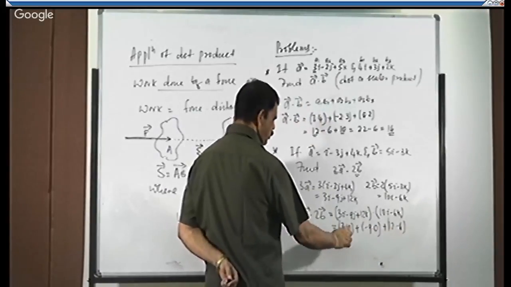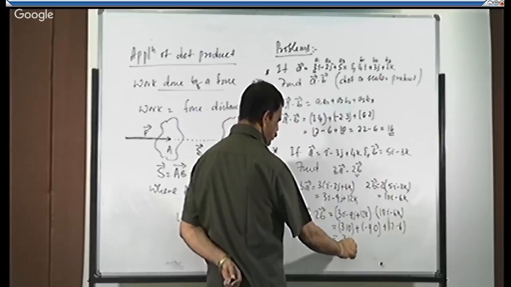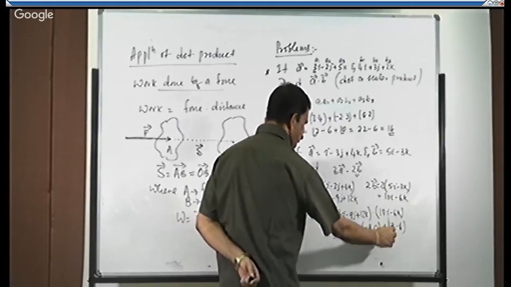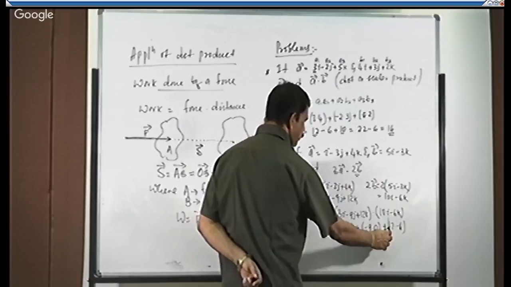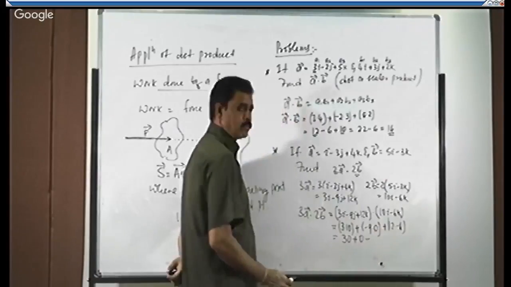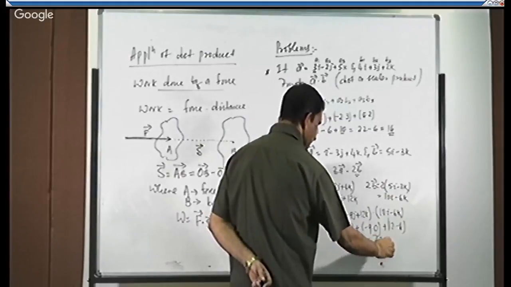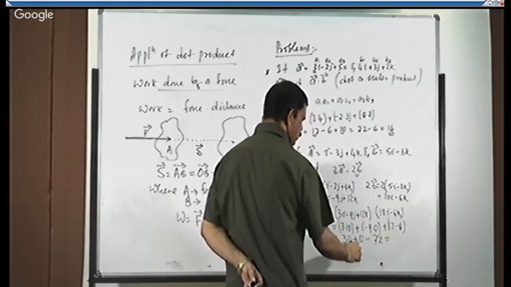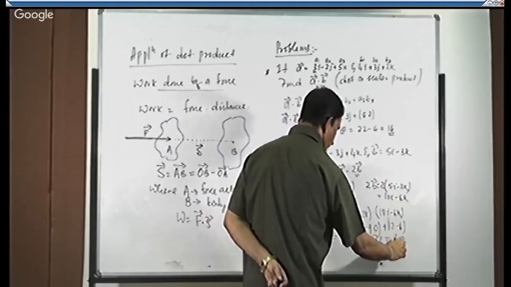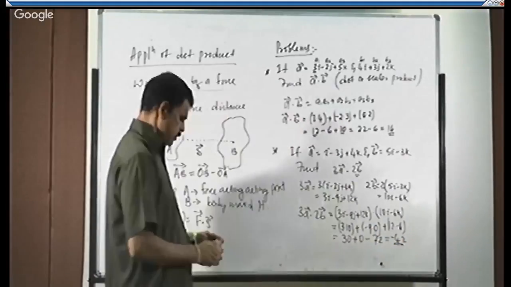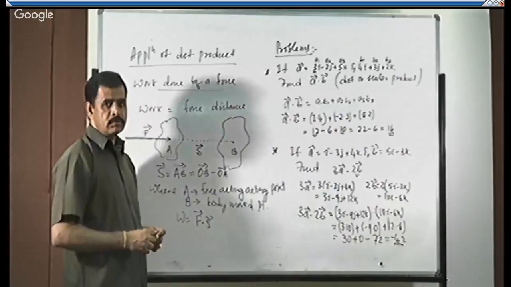That is equal to 3 into 10, it is 30, plus or minus 0. Plus into minus is minus. 12 into 6, 72. That is equal to minus 42, which is the dot product of 3A and 2B.